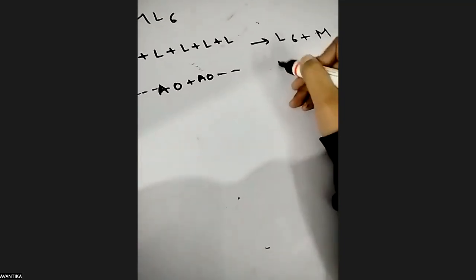Here is the ligand group orbital, and here the atomic orbital of the metal. So here we will get ML6 as the complex. We can form MO diagrams of octahedral complexes with sigma donor ligands.